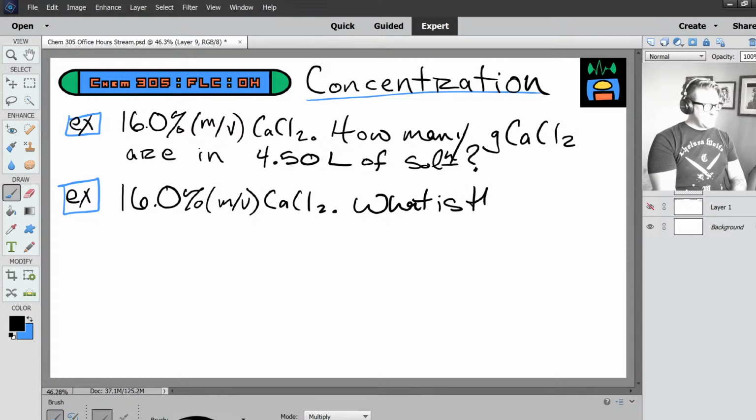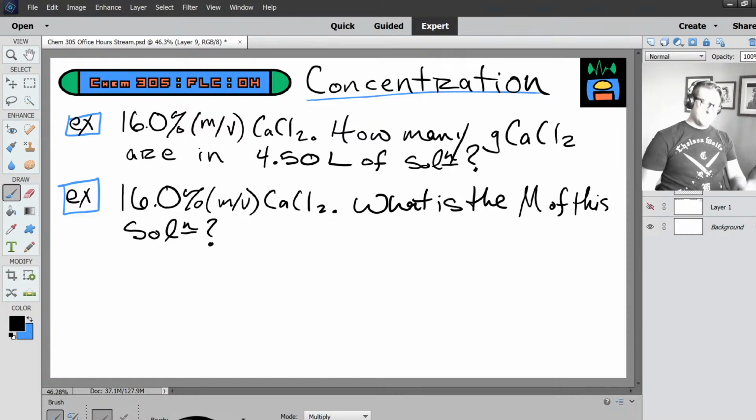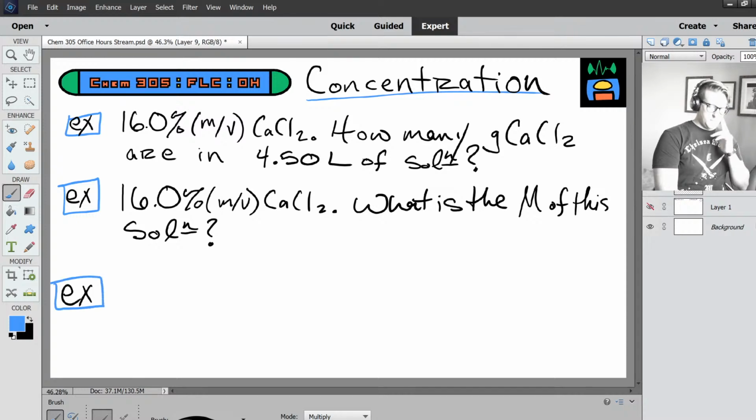What is the molarity of this solution? All right, and then I kind of wanted to do three, so we get plenty of reps in.